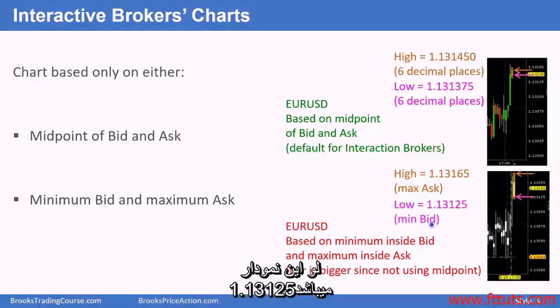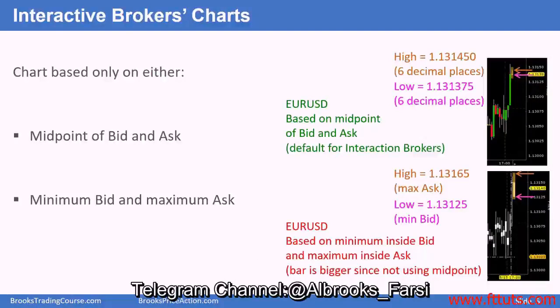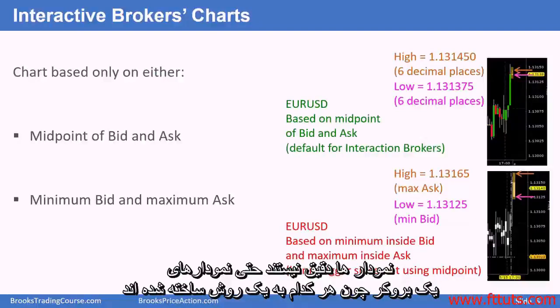The low of this bar is 1.1312.5. The low of this bar is 1.1375. The charts are not going to be exact, even with one broker, because some traders will be looking at the charts constructed this way, other traders will be looking at charts constructed another way.